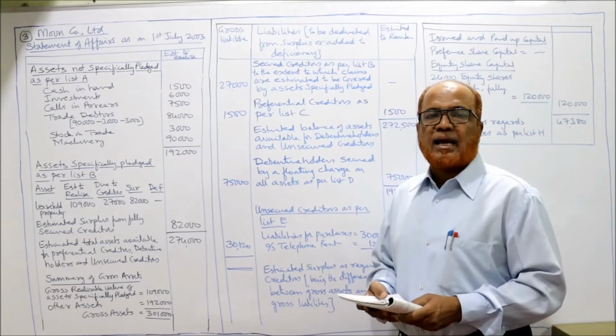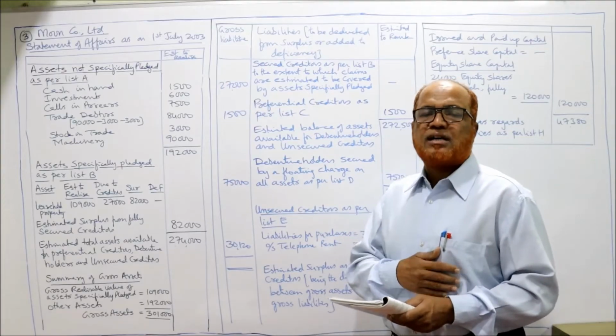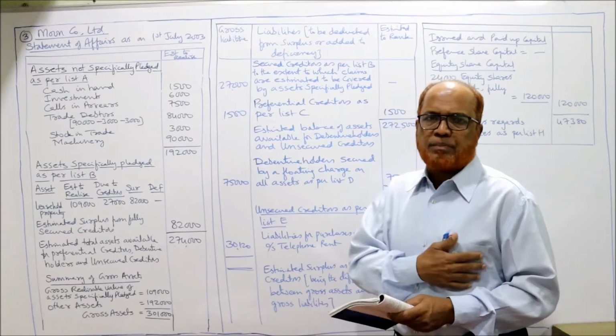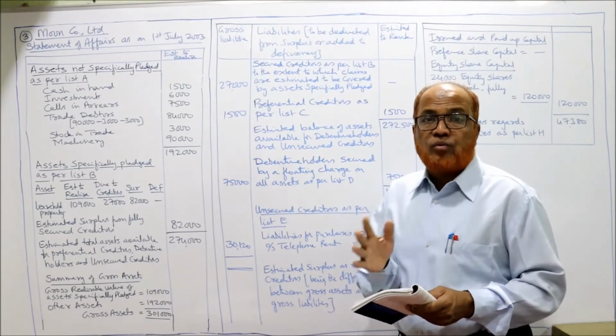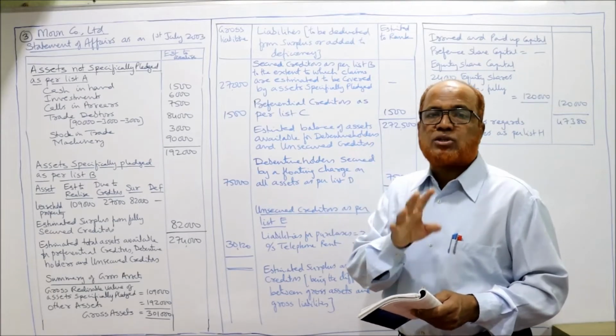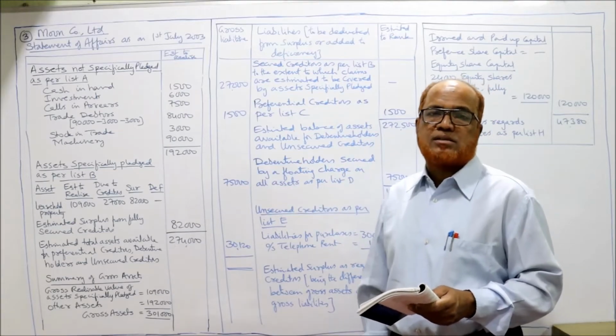So from debtors, 90,000 rupees are to be received as per the balance sheet. In adjustment it is saying 3,000 are completely bad debts. So 3,000 rupees we subtract from 90,000. Apart from that, 6,000 are doubtful, and in this 6,000, 3,000 are expected to realize. The remaining 3,000 are not expected to realize.